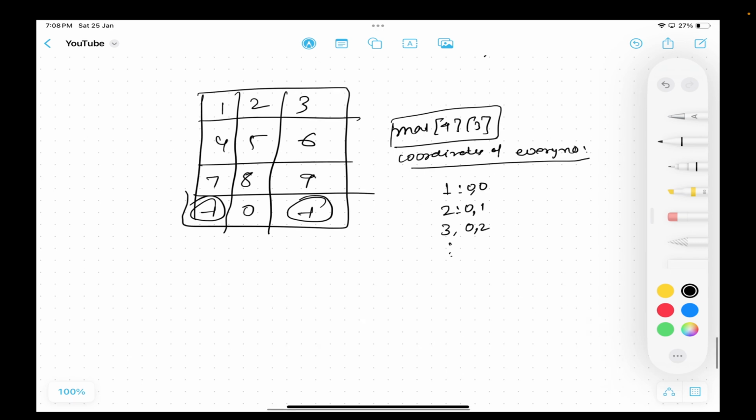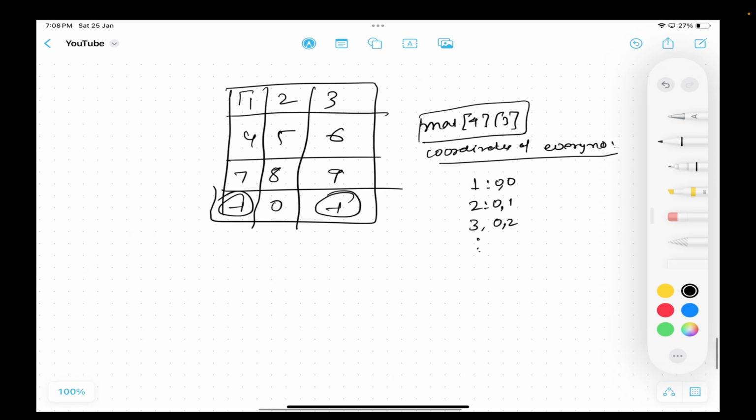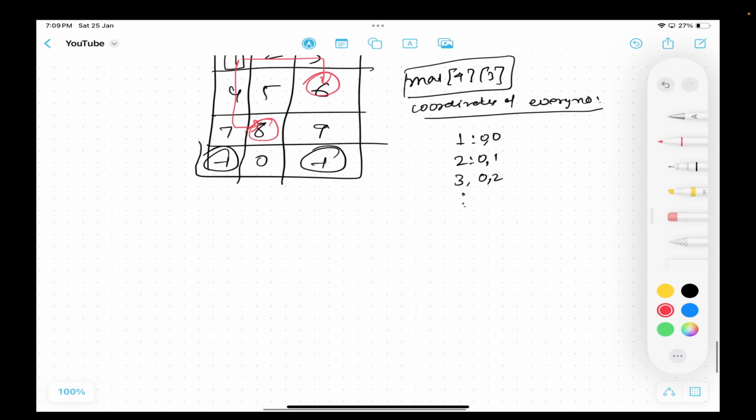Now let's say we are computing the answer for 1, so from where can we come to this 1? We know the knight movement, we have already seen how the knight moves on the board. So the knight will either come from here or from here. How will we get that? We will get that coordinate. For that, we will loop over all the possibilities. What are all the possibilities?